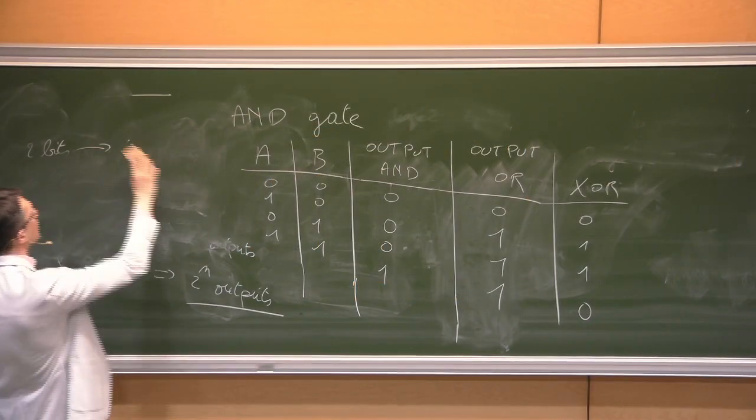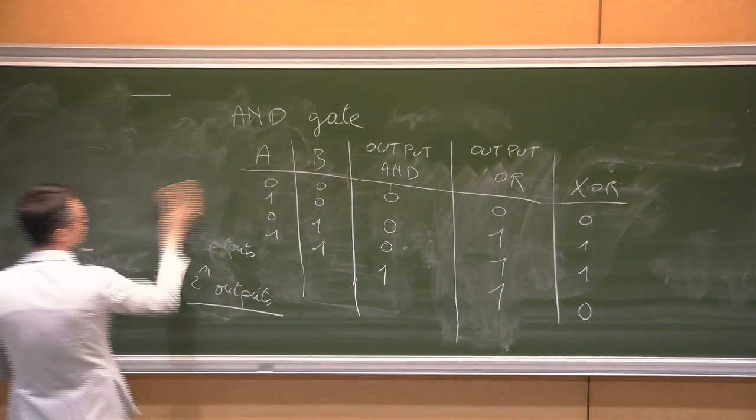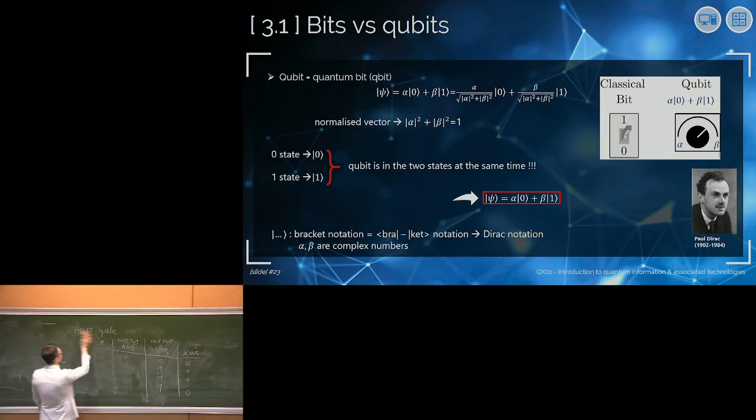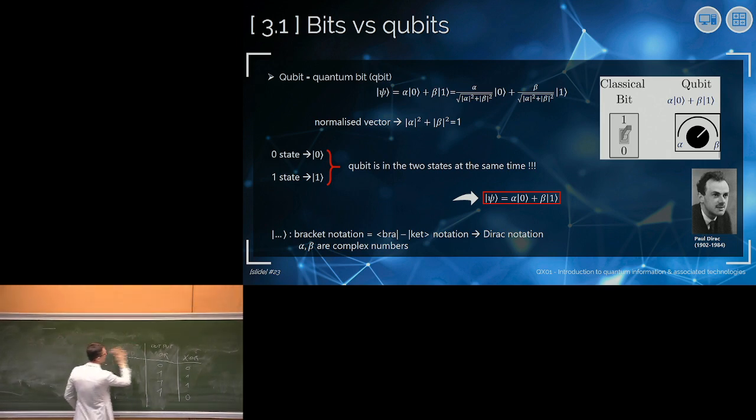Right, so here we go. You have here what a quantum bit is, and what you can see are several things. The first thing you can see is that there is this kind of weird notation, which uses a bracket notation. The second thing is that, as opposed to a bit of information, we have a bit more information here.